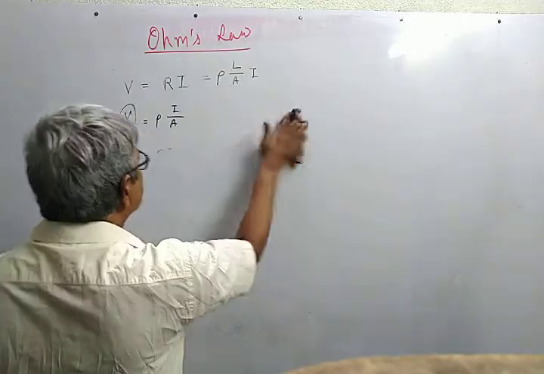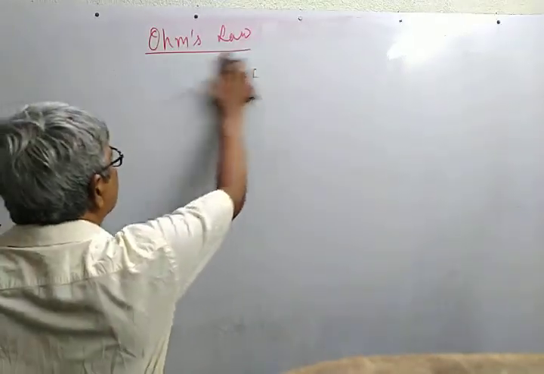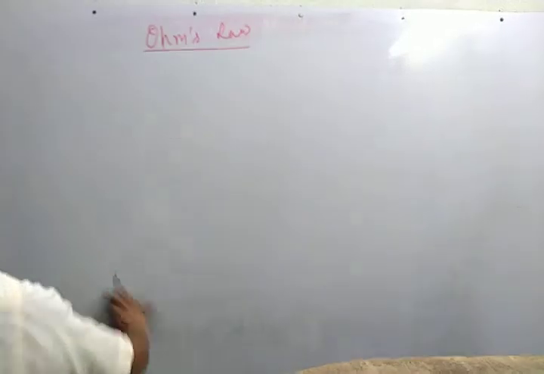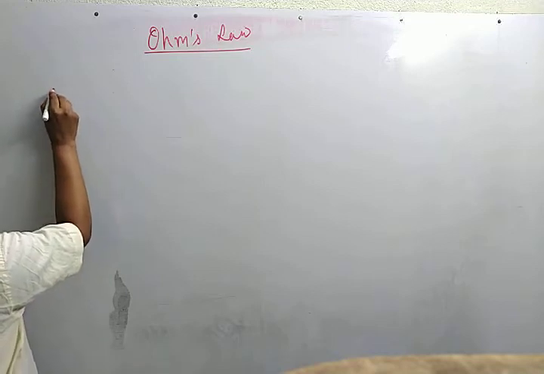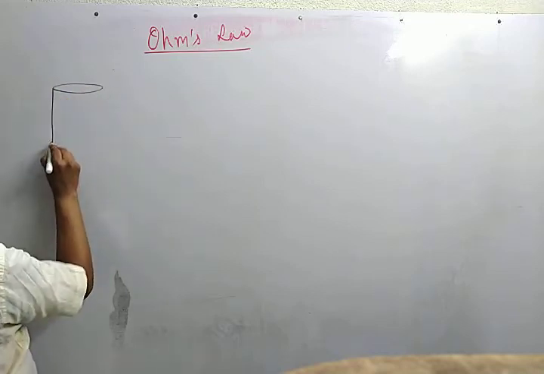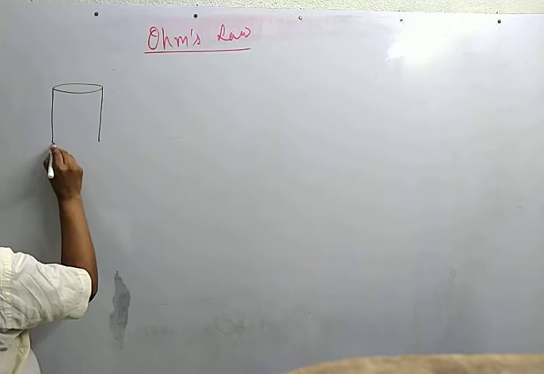As the first example, we consider a conductor in the form of a cylinder, and the current is flowing along the axial direction of the cylinder. So we consider this is the form of a cylinder.